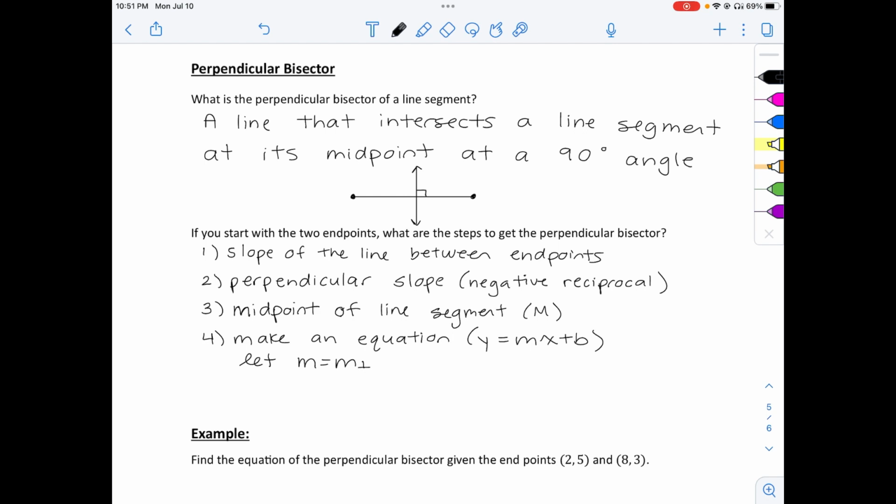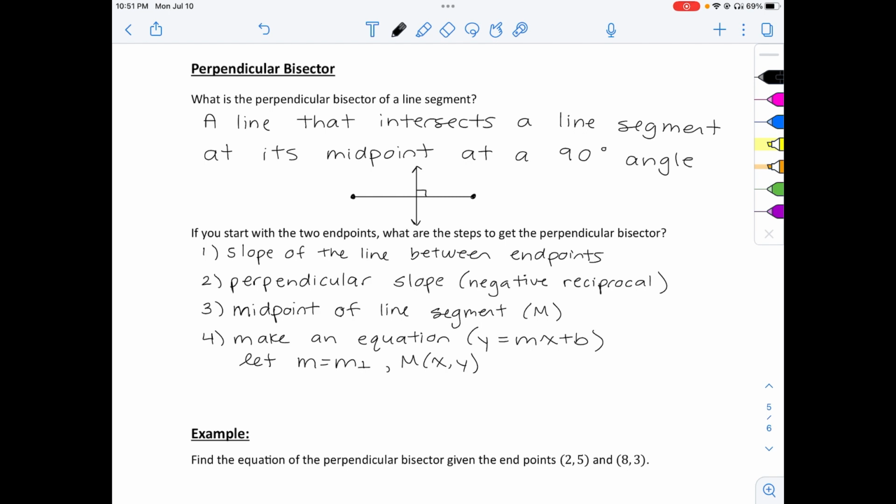And then you are going to use the midpoint for x and y. Okay, so that's what I mean by that. You'll let the x value equal the x coordinate of the midpoint, the y value equal the y coordinate of the midpoint. Okay, and then you'll, again, simplify, isolate for b, and state your final equation.